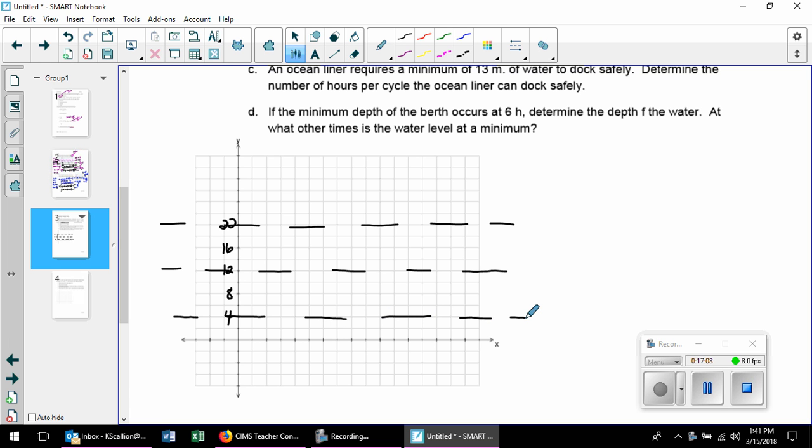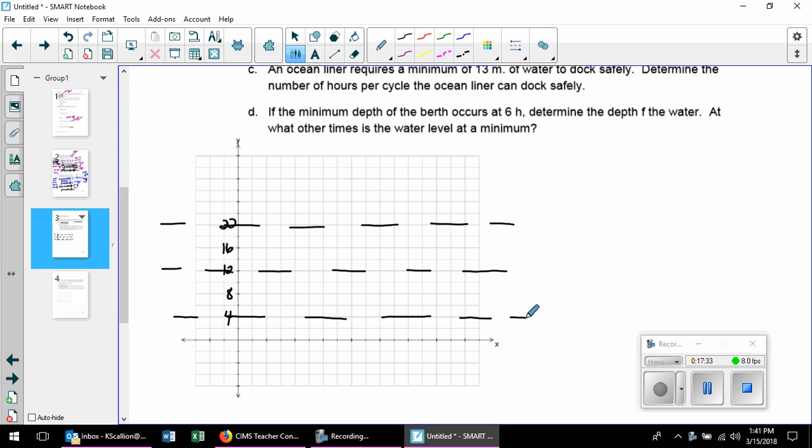So this harbor, you actually never see the actual seafloor.